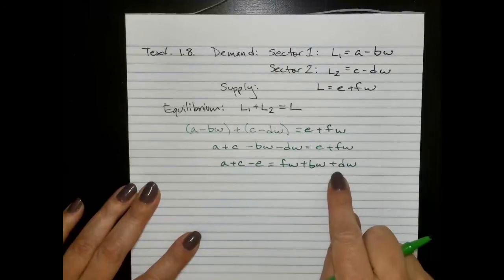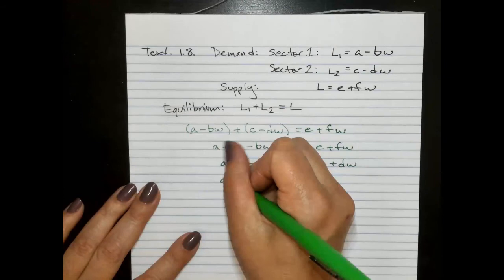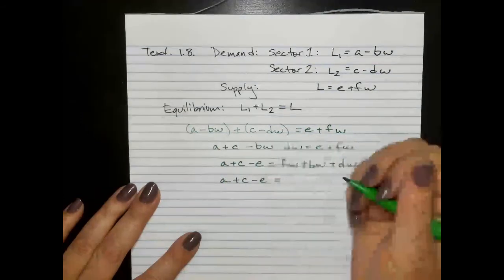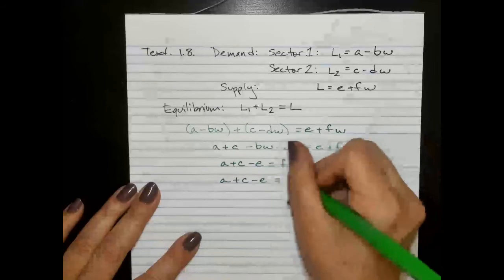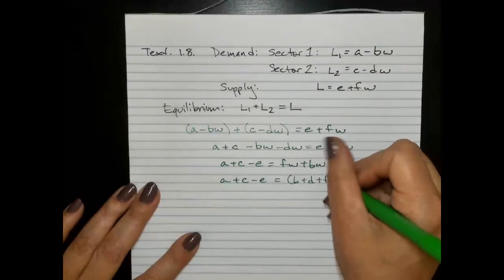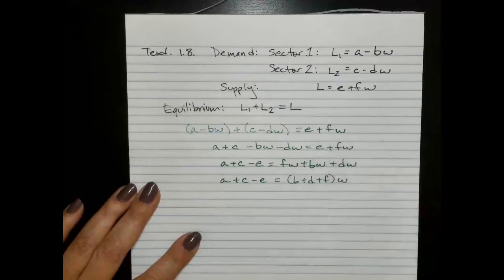And then I can factor wage out of this side, and I'm going to get A plus C minus E is equal to, I'll organize these so they're in alphabetical order, B plus D plus F times wage.